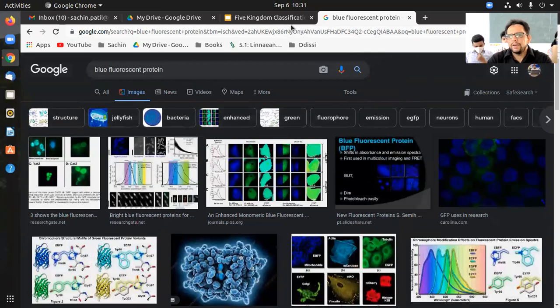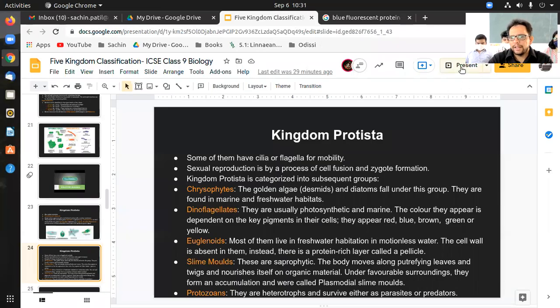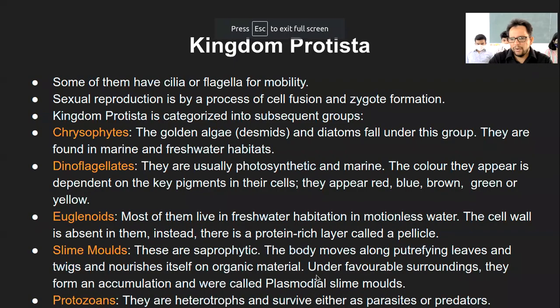Okay, enough about it. So that was the second category, called dinoflagellate, where depending on the presence of pigment, they are differentiated further. Then the third category within kingdom Protista is Euglenoids.